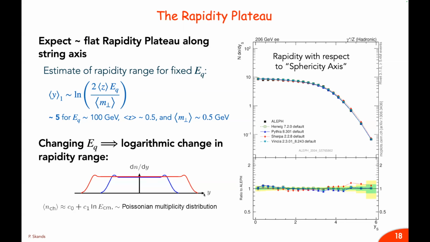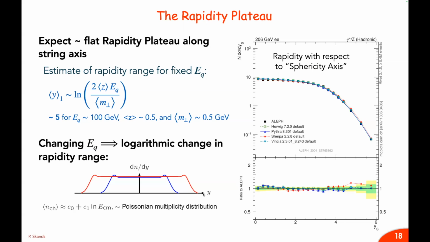And of course, the rapidity axis here is not the one that we usually think about in hadron collisions, which is the beam axis. The rapidity here is really the longitudinal axis of the string in this context, right? So if you have a quark going out that way, then it'll stretch a string along its own motion. And then at some point, it'll be connected to some other quark or whatever.